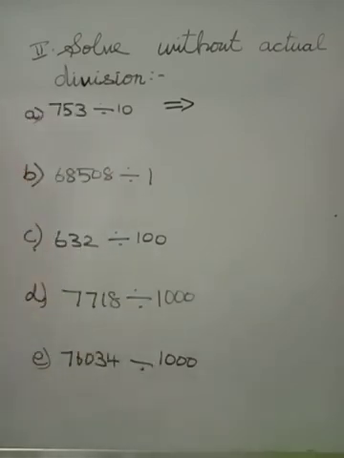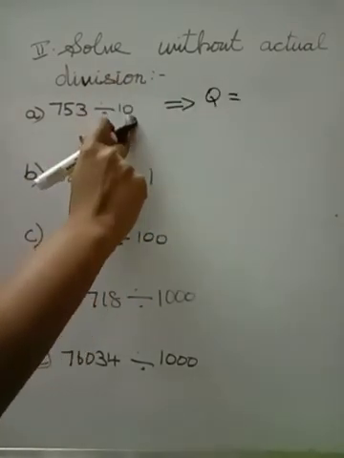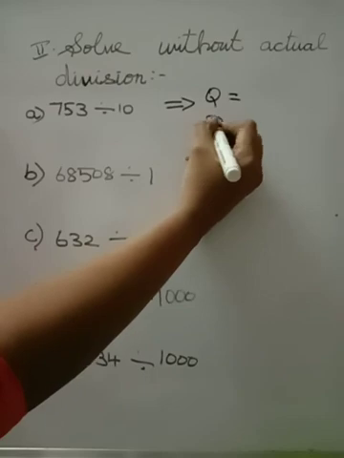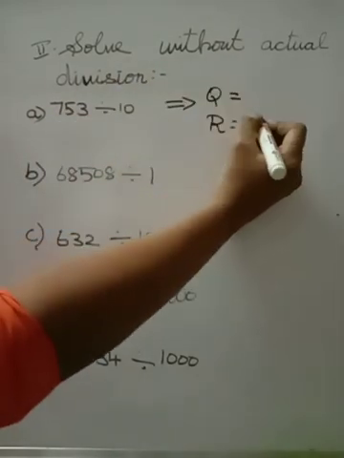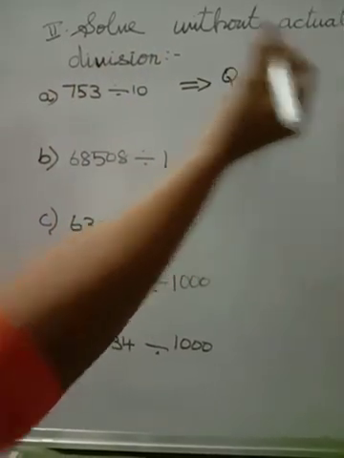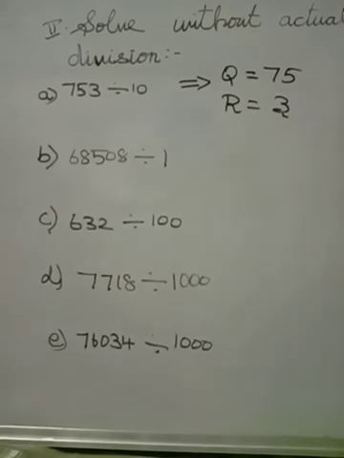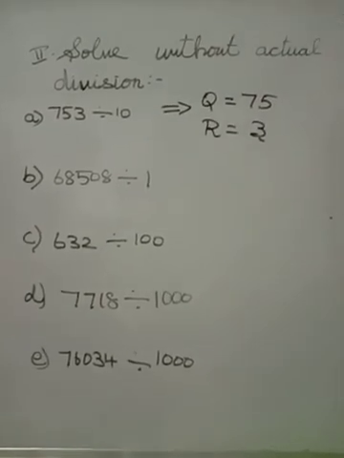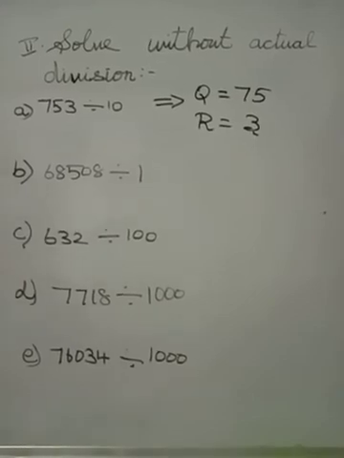What will the quotient be here, since only 1 zero is there? 1 zero means the last 1 digit will be the remainder and the remaining numbers will be the quotient. So here the quotient is 75 and the remainder is 3.